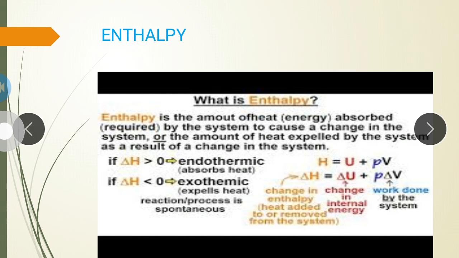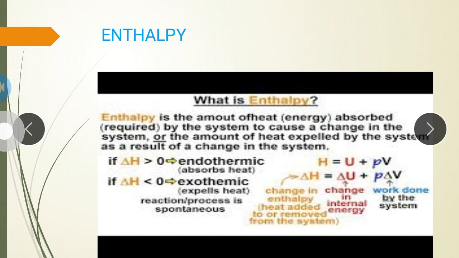So here is a different type of definition. We could say, in other words, enthalpy is the amount of heat energy absorbed or required by the system to cause a change in the system, or the amount of heat released by the system, or that may be expelled by the system as a result of a change in the system.